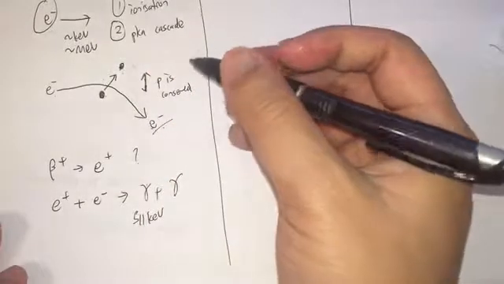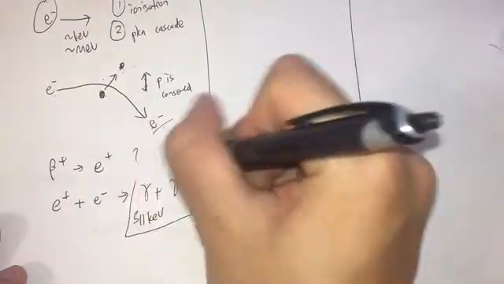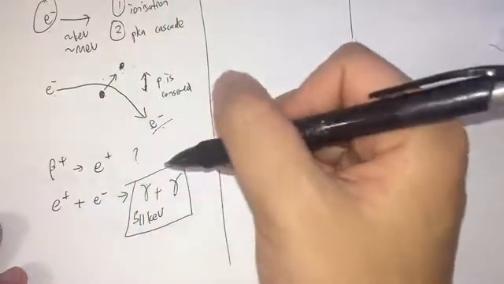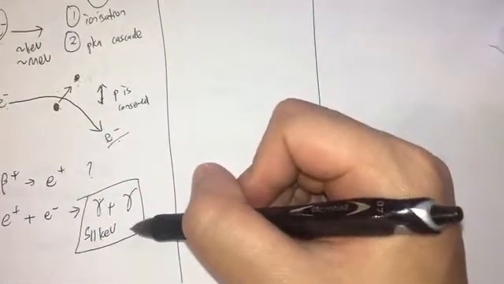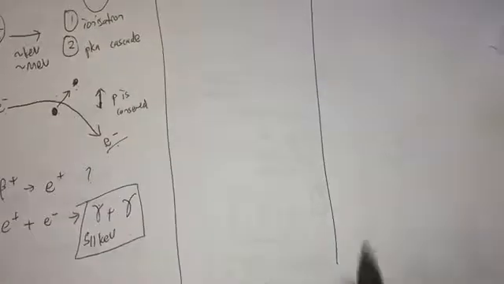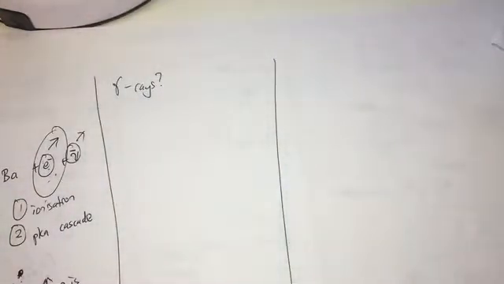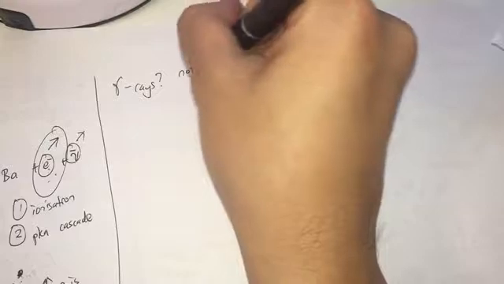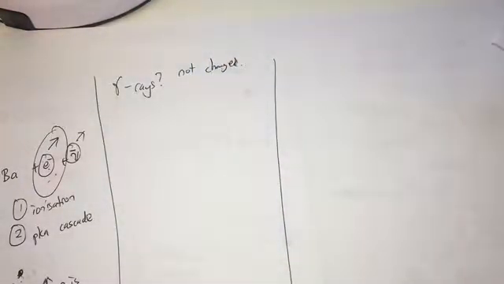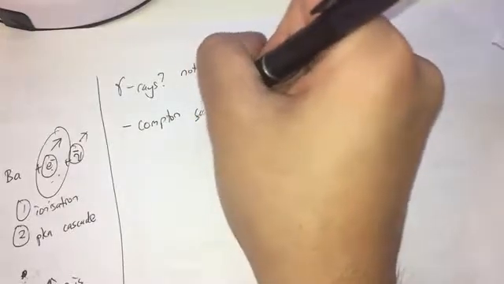So what about gamma rays in general? There can be this annihilation gamma ray. It can be any kind of gamma ray. This is usually not charged. But how does it interact with matter? Well, gamma rays can actually do a few things, the most common of them being Compton scattering.